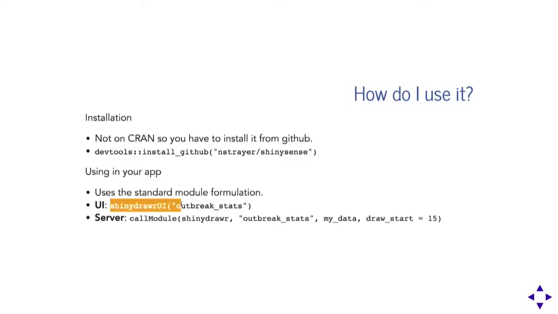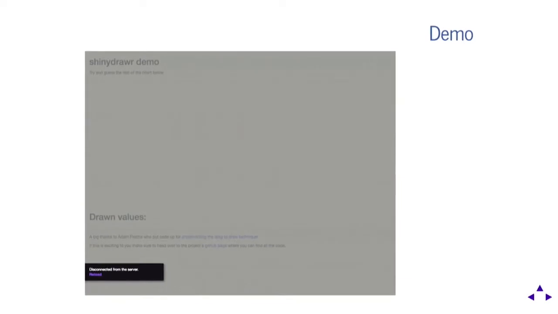In the UI, you would put the Shiny drawer UI, and then your unique tag, like you would give to any Shiny function. Then you would say call module, and it will do it. And there's no internet, so this iframe to do the demo will not work, but it's the exact same thing as the GIF that I showed earlier.